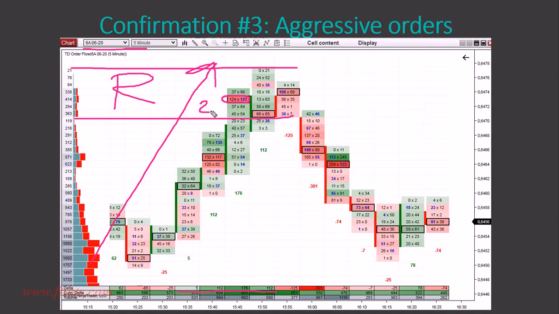Confirmation setup number 2. What happens next? In this footprint, aggressive sellers. And sellers start to jump in. There are 2 selling imbalances, 108 contracts in here, 38 contracts in here. Delta turns negative. This is the signal for you to go short.